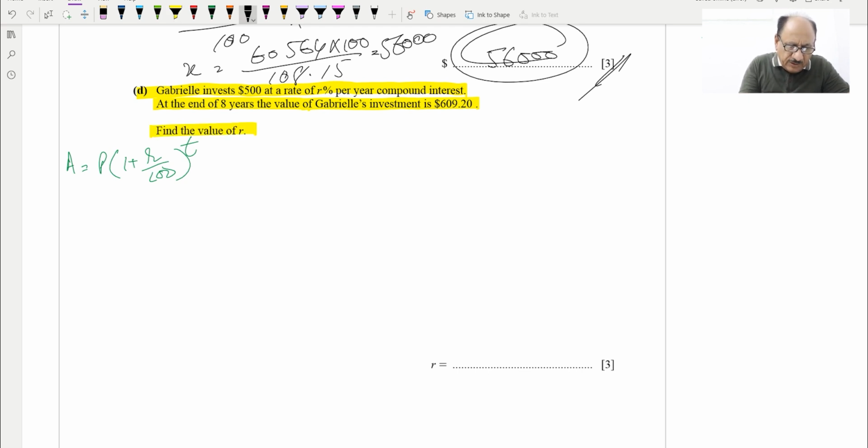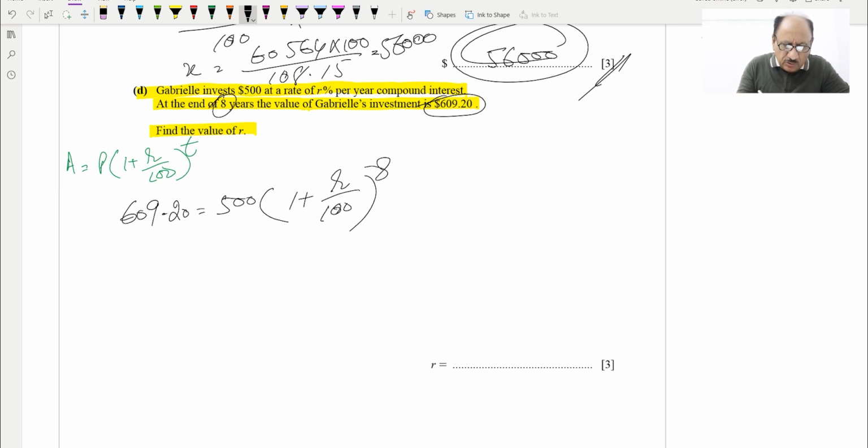So we will be replacing these values. At the end, the amount is 609.20, which is equal to the principal amount 500 into 1 plus rate over 100, where the rate we don't know so R as it is, and the time duration is 8 years, so 8.